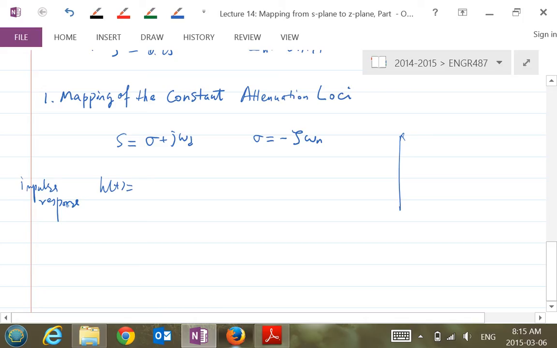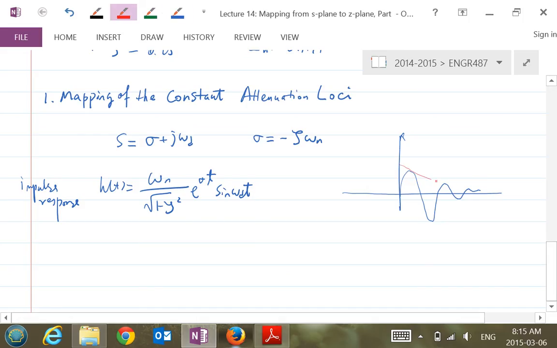You remember that formula. For a second order system, this is basically omega n over square root of 1 minus zeta squared, times e to the power sigma t, times sine omega d t. That's the impulse response. So if you plot it out, you have basically some kind of sinusoidal.